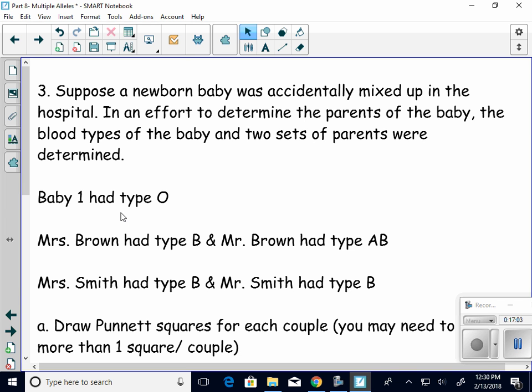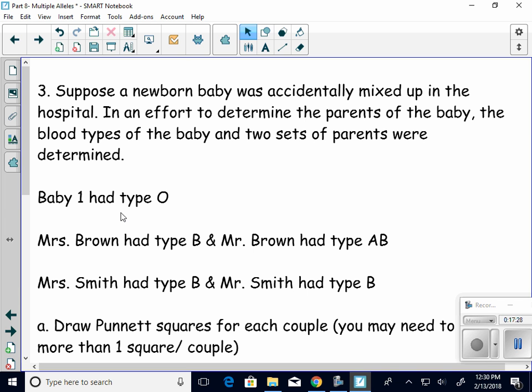Now, baby 1 has blood type O. So what does that tell us? What does that tell us? Baby 1 has blood type O. Tells us what, Kayla? Okay.